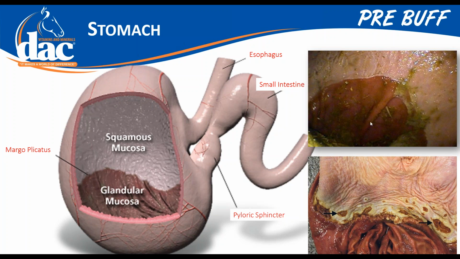Now, there are little cells down in the bottom part of this tissue that secrete acid continually. So when we're meal feeding horses, or putting them in stressful environments, or giving them too much grain, that acid will build up, and it actually splashes up onto this non-protected region, and you can see here from our bottom picture, causes gastric ulcers. Those gastric ulcers don't happen overnight.